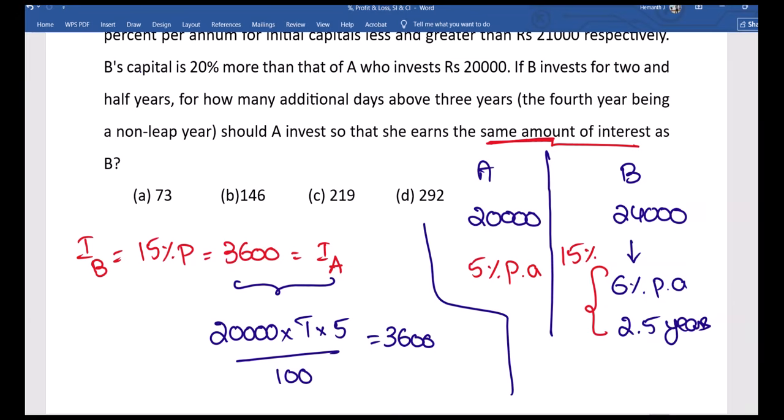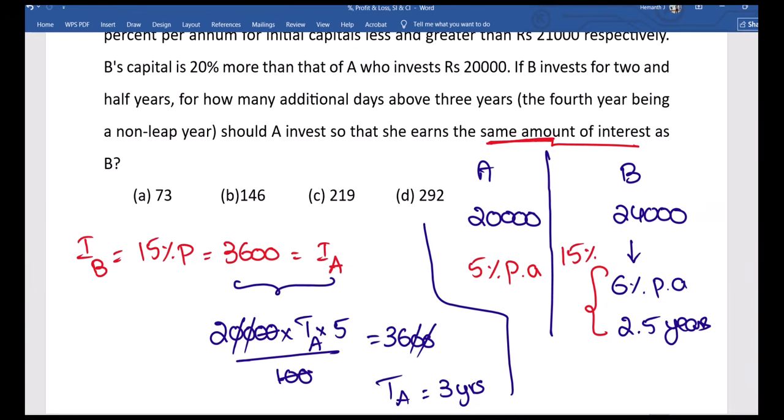This is the time taken by A. Now these two zeros will be out. 200 into 5 is 1000. Again this 20, this 20, giving 3.6 years. 3.6 years means 3 years plus 0.6 years. 0.5 is 6 months, half of the year, but this is 3.6. So that year is a non-leap year, the fourth year.